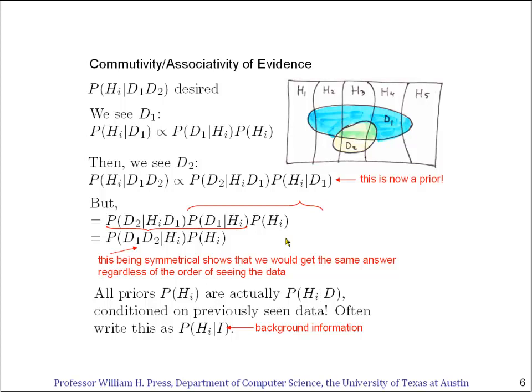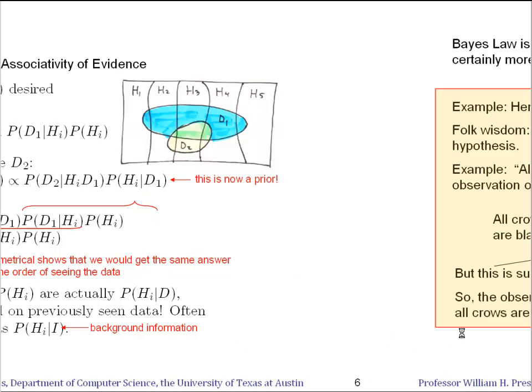The probability of any hypothesis depends in your mind on some background experience you've had, and real dyed-in-the-wool Bayesians try to follow that by never writing down a bare prior, but always writing things as, for example, the probability of a hypothesis given capital I, and capital I is just supposed to be background information known to you about the hypotheses. It might just be that the hypotheses are equiprobable, that you don't really know anything else than that. That you have nothing to move you off of that symmetric hypothesis. But that would still fit this notation.